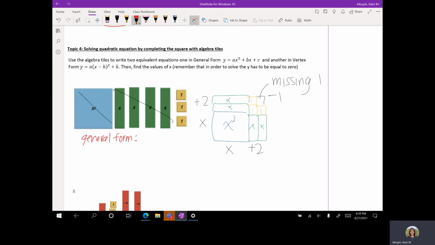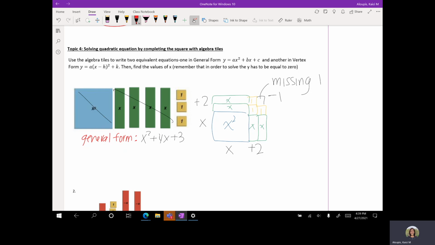We can either just write exactly what we see here or write what we already drew inside here. So I see x squared, 1x squared. Wait, I want to do this in a different color. I see x squared, plus 4x plus 3. That's the general form. Super easy.